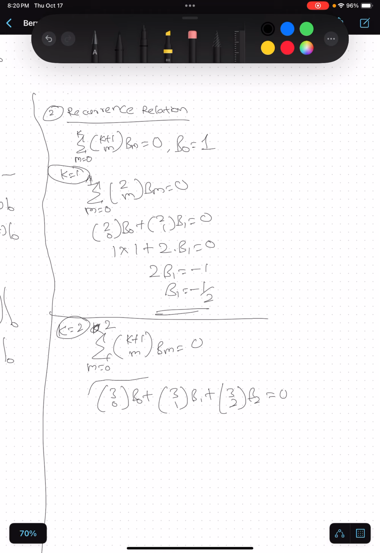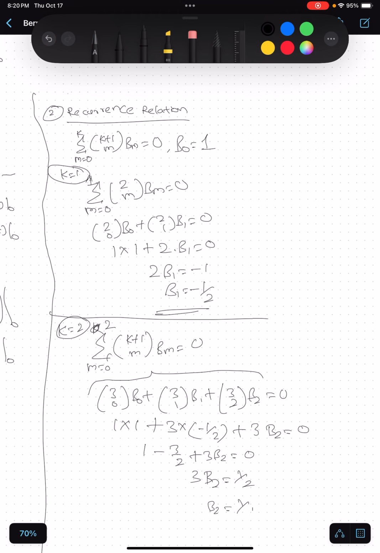This is actually a very interesting property here. The product with the combinations and then their sum is always going to 0. That's interesting. Now this is just 1 times b of 0 is 1, plus this is 3 times b of 1 is minus half, plus this is again 3 times b of 2, equals 0. So 1 minus 3 by 2 plus 3b of 2 is equal to 0. 3b of 2 is equal to 1 by 2. b of 2 is equal to 1 by 6.